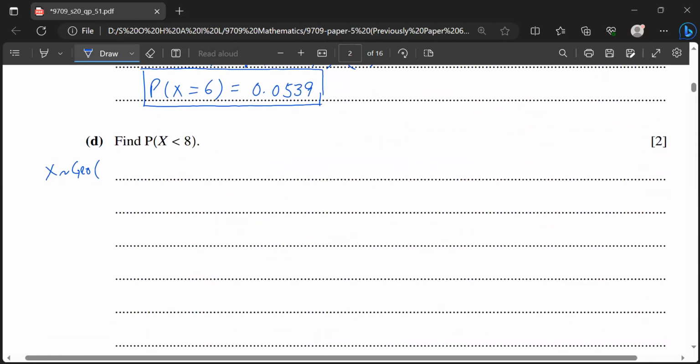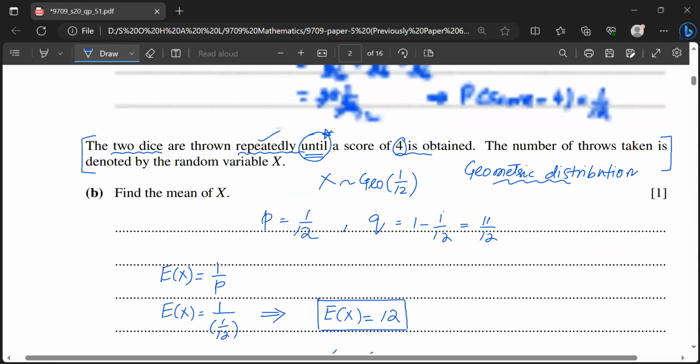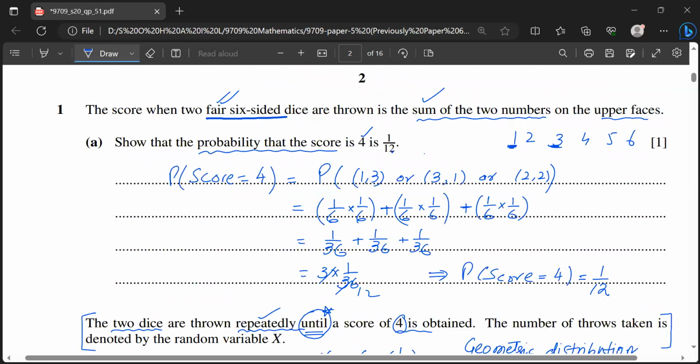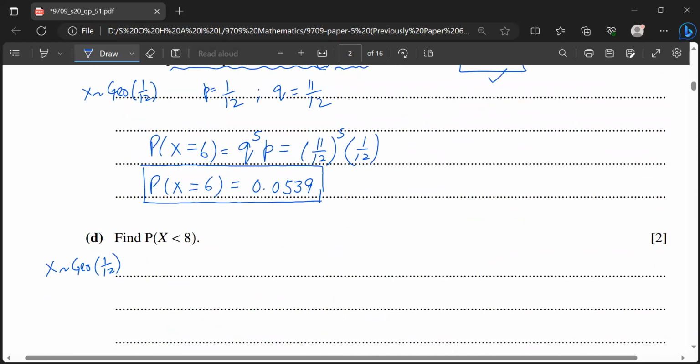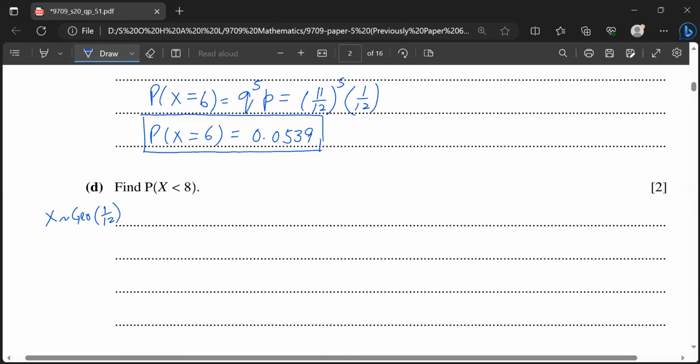So again, geometric distribution with 1 over 12, which comes from the first part: when the two fair dice are thrown, the probability that the score is 4 is 1 over 12. So P is 1 over 12 and Q is 11 over 12.